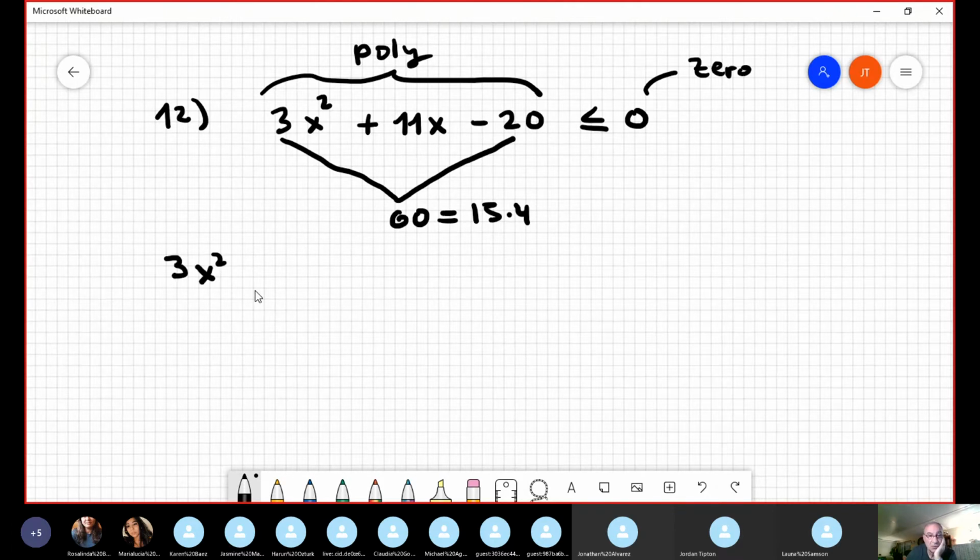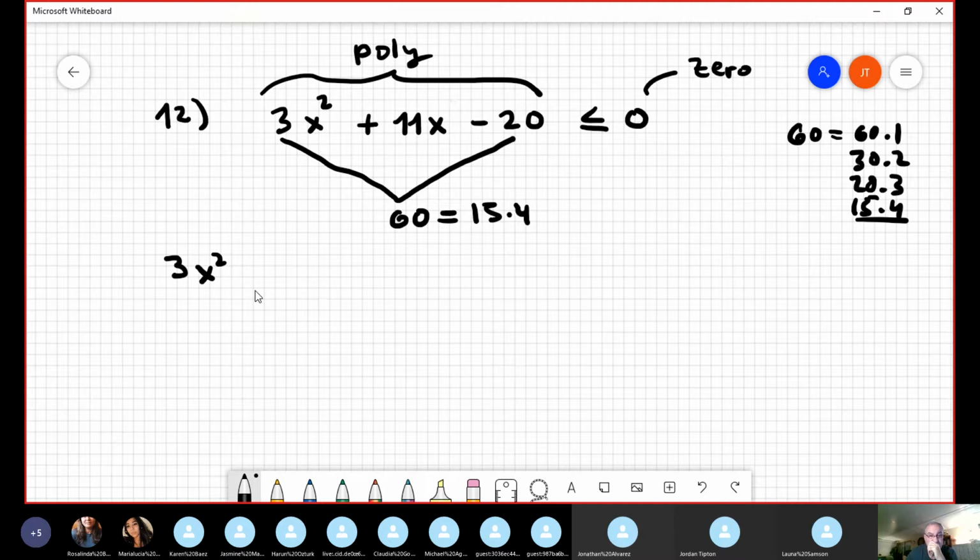I do it fast, but when you realize, you put it here in the corner, no? 60 equals 60 times 1. Doesn't work. 30 times 2. Doesn't work. 20 times 3. Doesn't work. 15 times 4. Good. Okay? Some numbers fail because they're not divisible by 7, maybe.